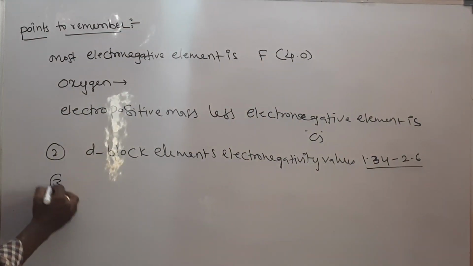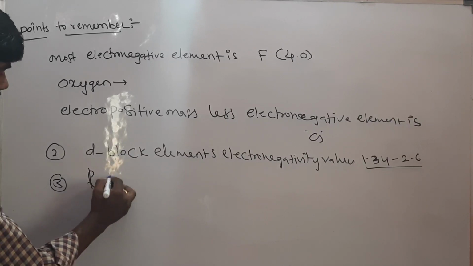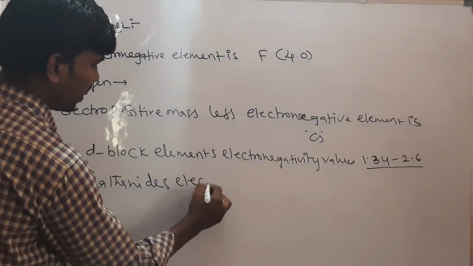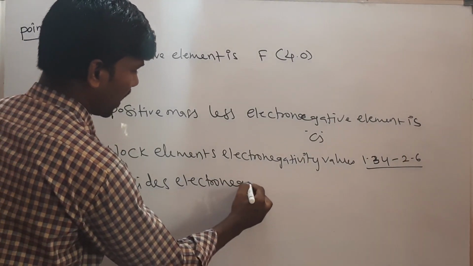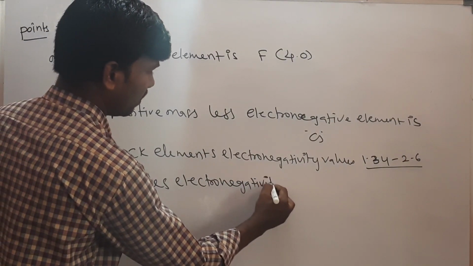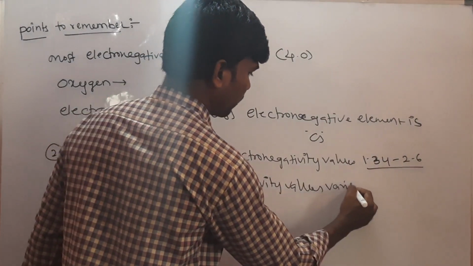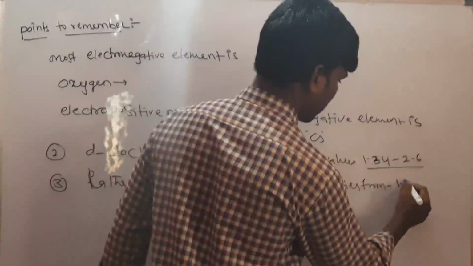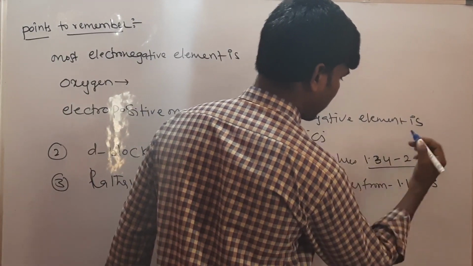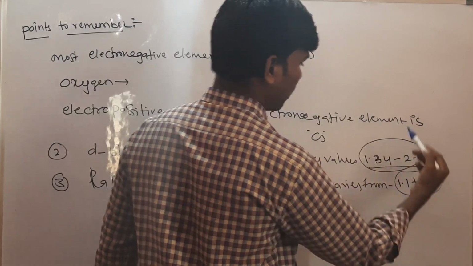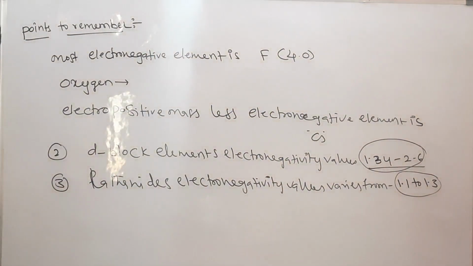And for f block elements, the lanthanides, electronegativity values vary from 1 to 1.3. These are the d block elements' electronegativity values, and these are the f block elements' electronegativity values.